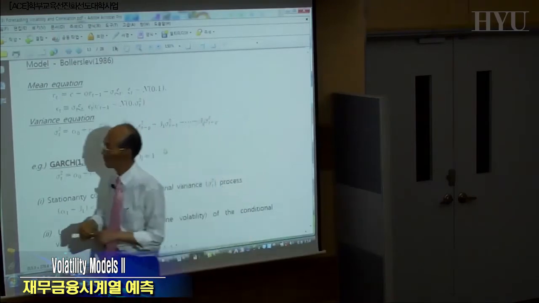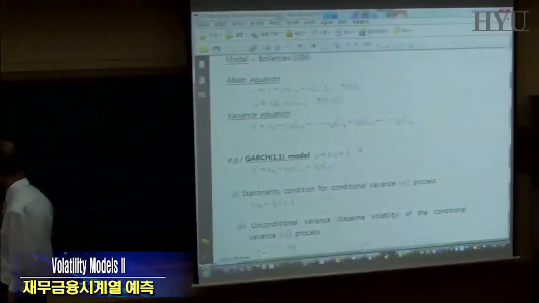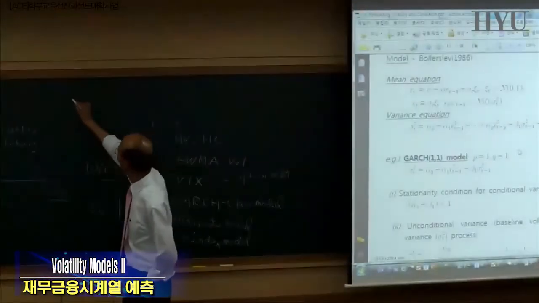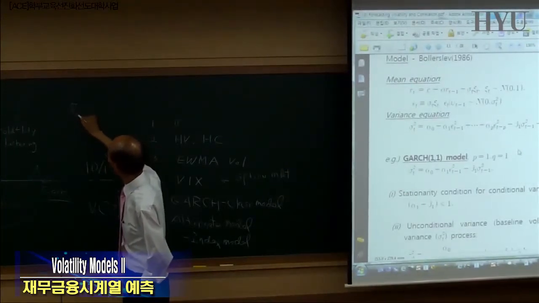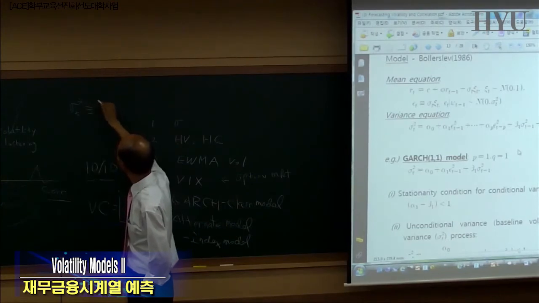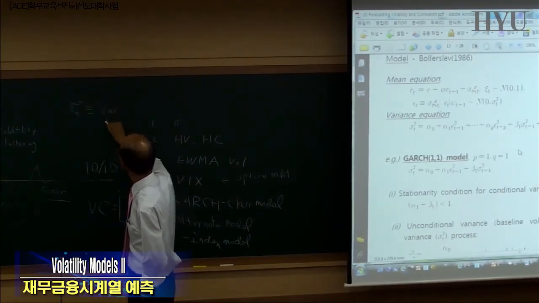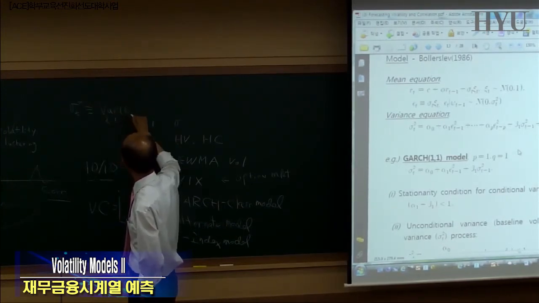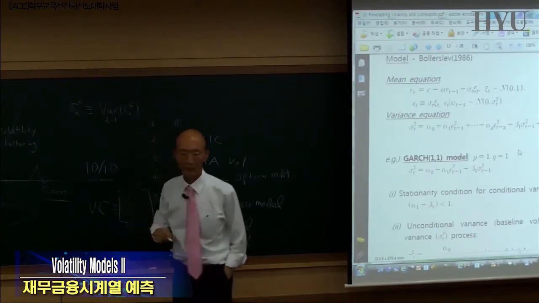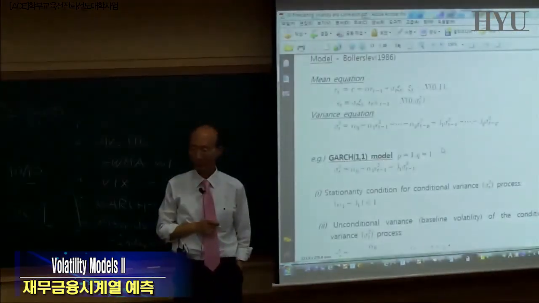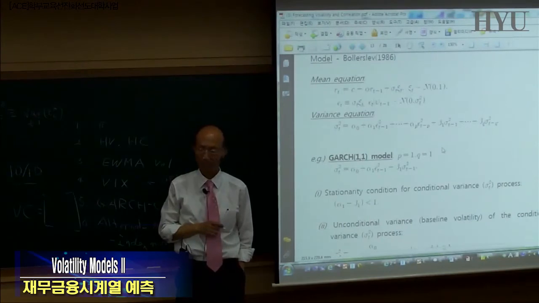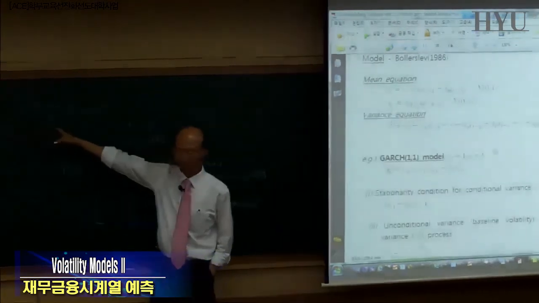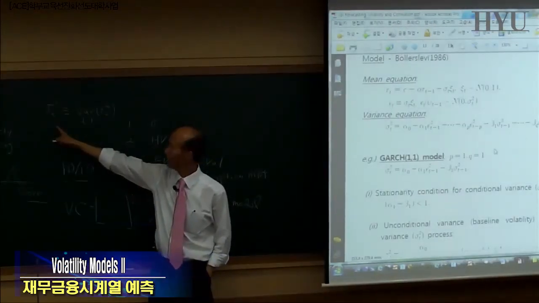So you can interpret sigma t squared as the conditional variance on the residual squared. Same thing, right?